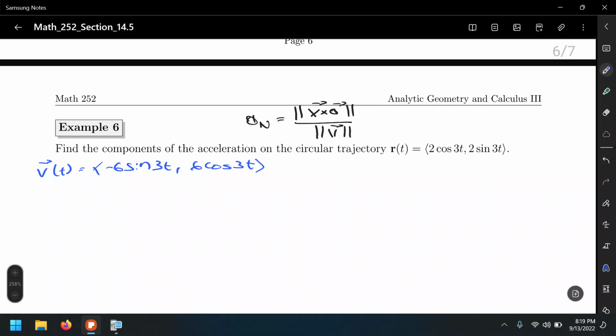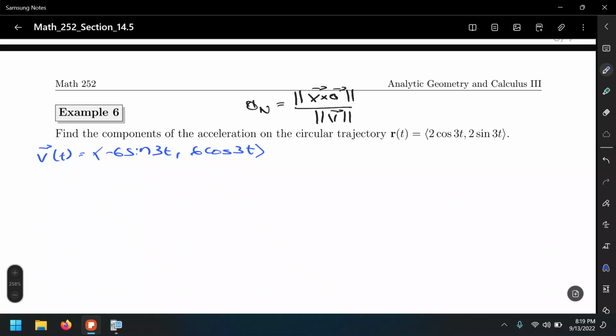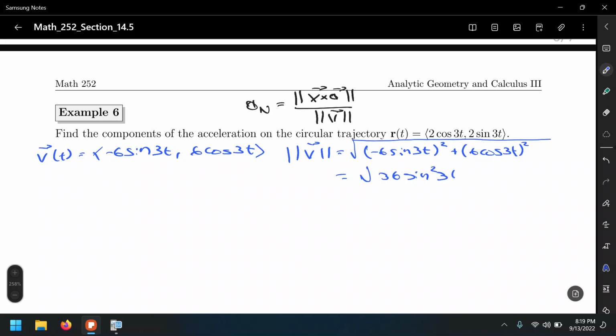And to find the normal component of the acceleration, we need to find the magnitude of this velocity vector. So let's go ahead and find it. That's going to be the square root of negative 6 sine 3t, quantity squared, plus 6 cosine 3t squared. The GCF is 36, so that's the square root of 36 sine squared 3t plus 36 cosine squared 3t.